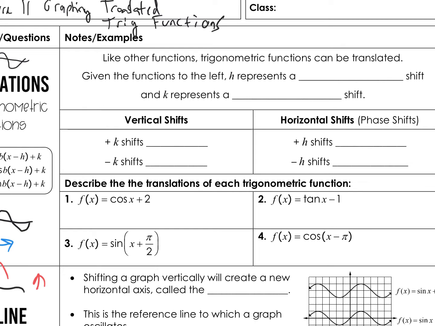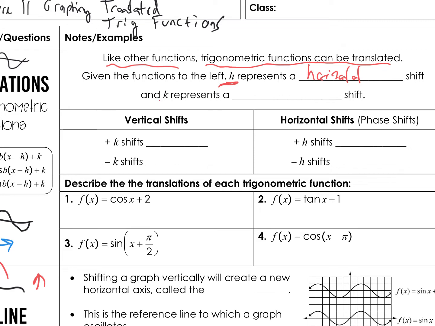Author starts out by saying, just like any other function that we've done, trigonometric functions can be translated. And we can move the functions to the left. That means we're talking about a horizontal change. And they're going to represent that, the H stands for a horizontal shift.